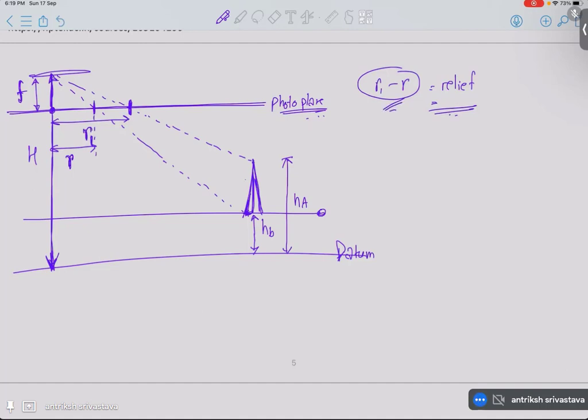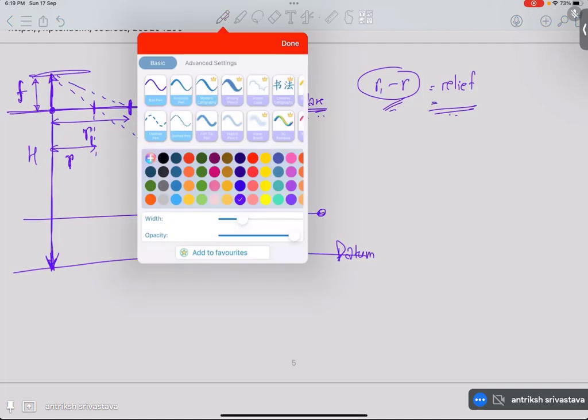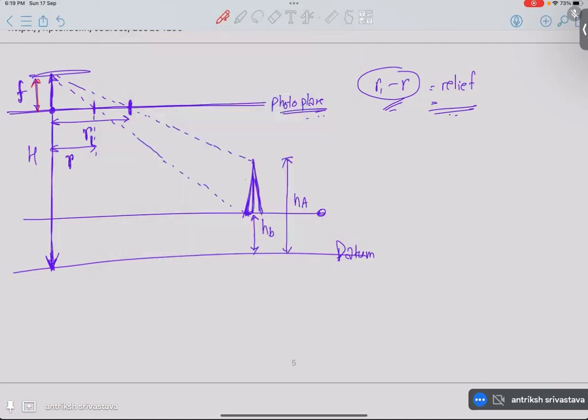Just remember that this is our f, this whole thing is our H, this is HA from the datum, and HB. So let's put some points here. This is A, B, C, D. These are the points, and this is E, F, G. And one more point we need here, and we have already used H, so let me use I here. This is the point.